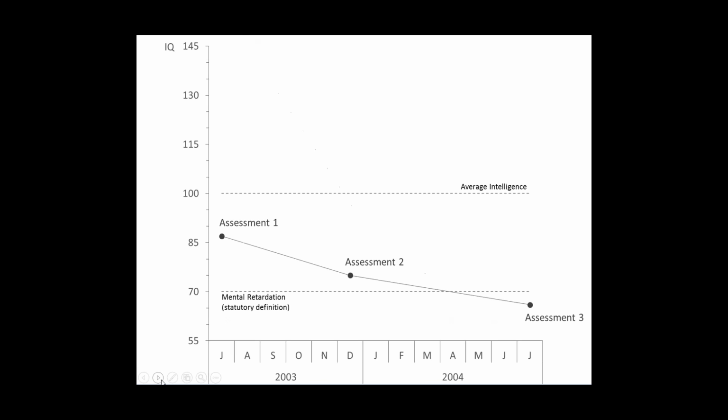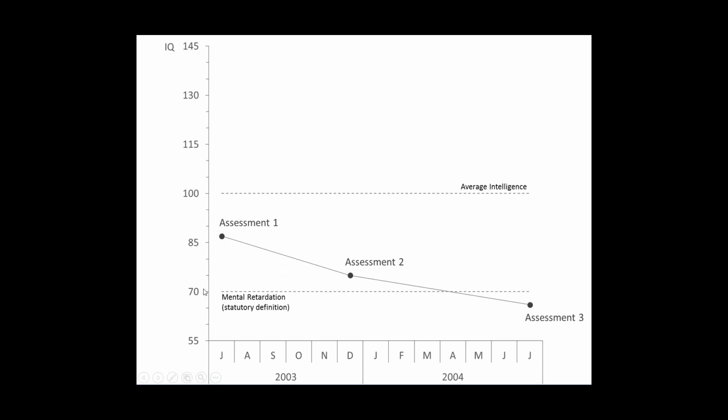A more appropriate way to show that may be to change that vertical scale, because it turns out the IQ scale, if you're not familiar with it, has an average score of 100 and a standard deviation of 15. So all of this person's assessments were below average.